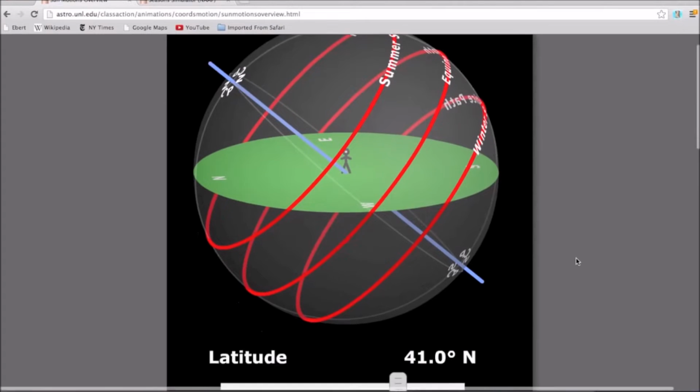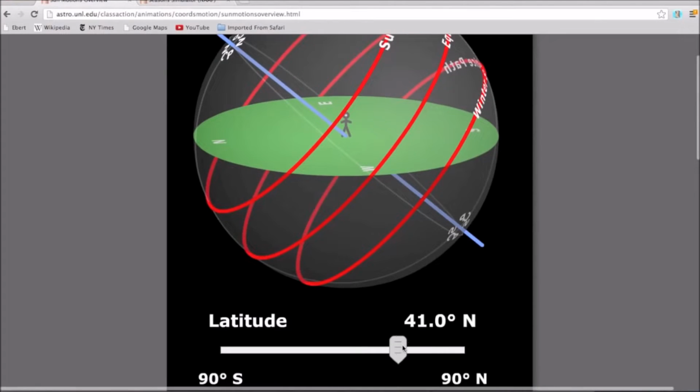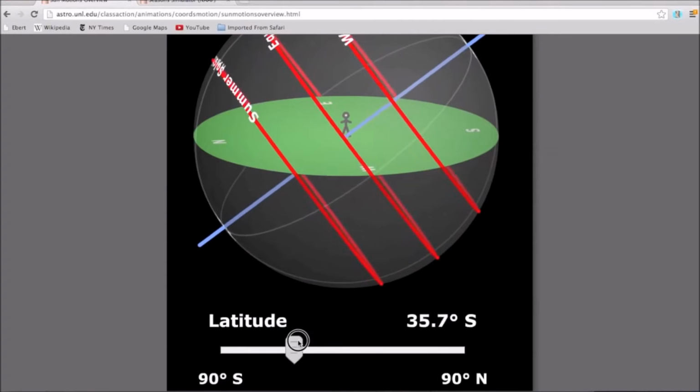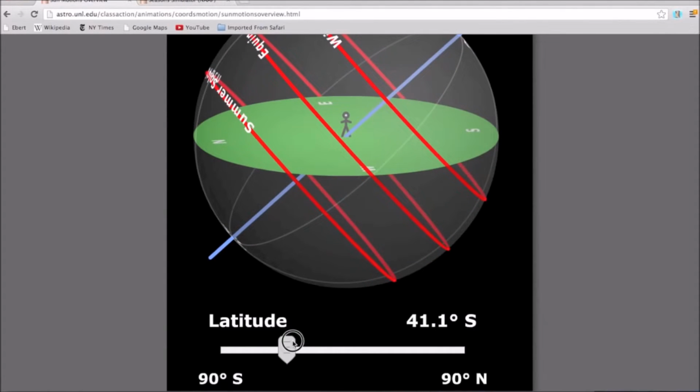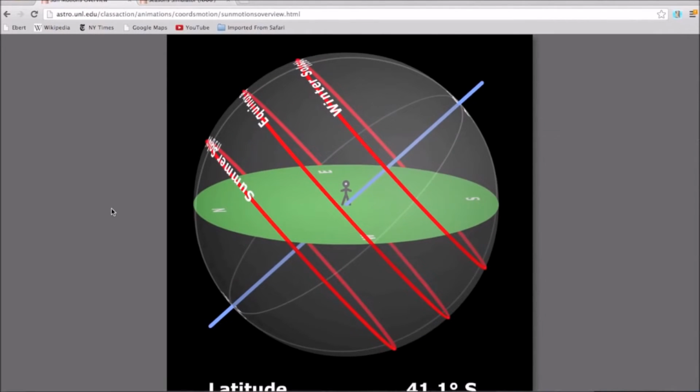But what about for somebody else on the Earth? Well, let me go to the opposite. Let's go to 41 degrees south. This is a person in the southern hemisphere. Notice how for this person, the northern celestial pole is no longer in their sky, but the south celestial pole is.